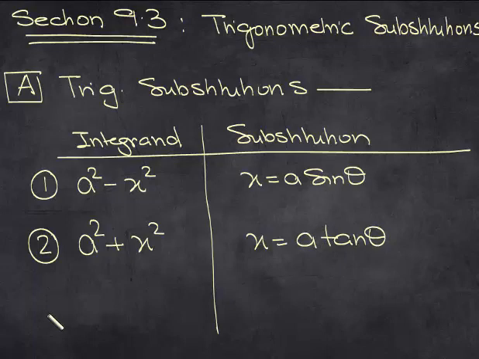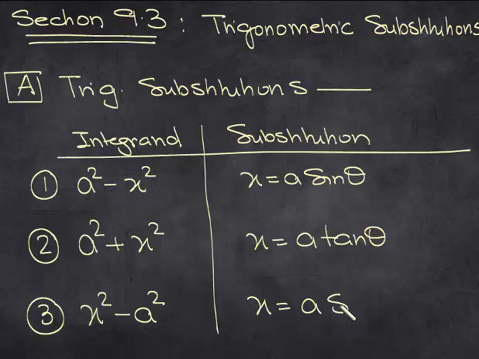And then the last one is when you have x squared minus a squared, then we make a substitution x is equal to a secant theta. So depending upon what your integral contains, those are the substitutions we want to make to solve those integrals. Everybody okay? And I'll show you how this works.